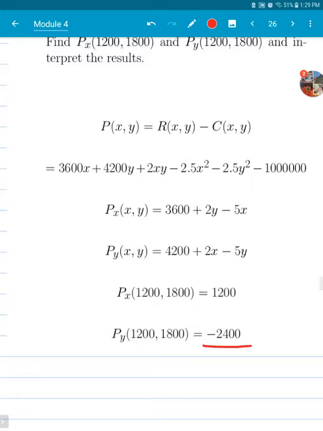So para bang anong lumalabas dito? Lugi pala siya pag dinagdagan pa niya ng isa. The thing here is to decrease the production of type B calculators and increase the production of type A calculators.